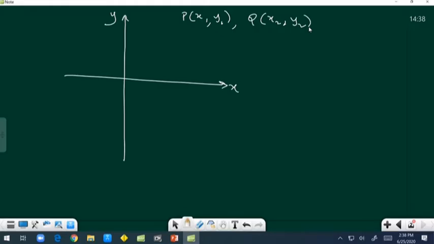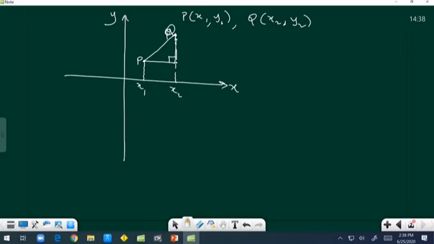Let's assume this is point P and here is point Q. To represent point Q, we have this as x2, and here as x1. From here to here, we have a straight line, forming a triangle.